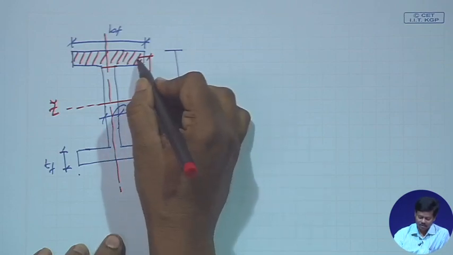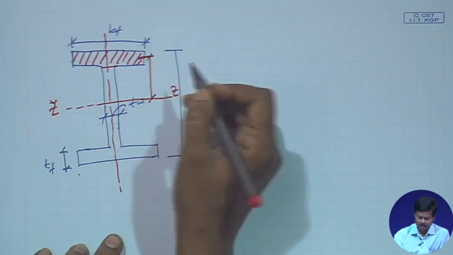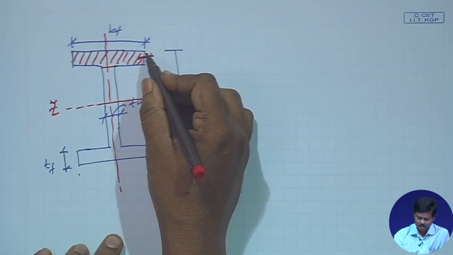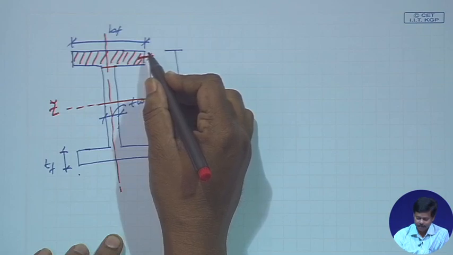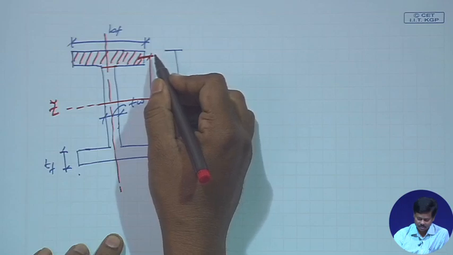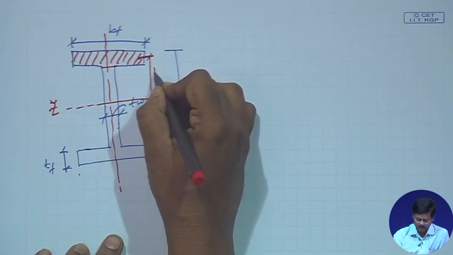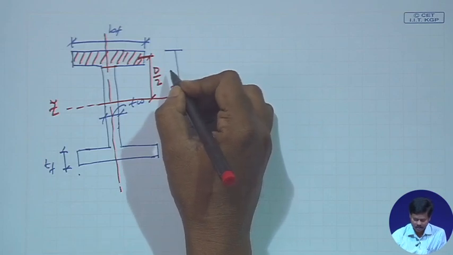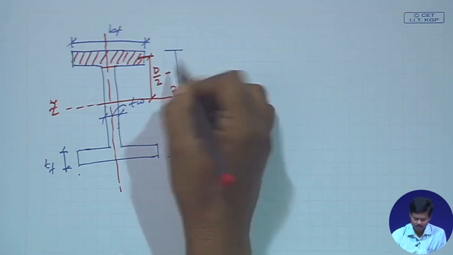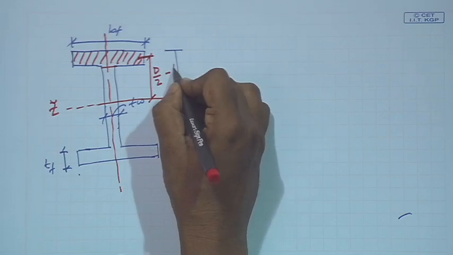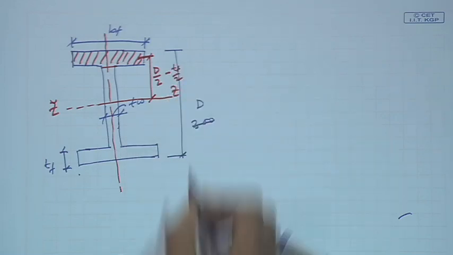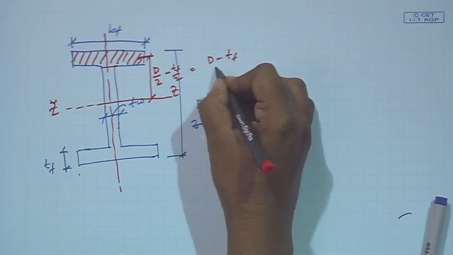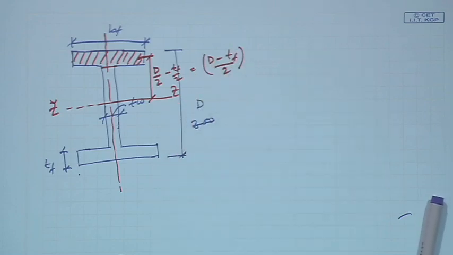This distance will be, total d, so this distance will be d by 2 minus tf by 2, that is (d minus tf) by 2.